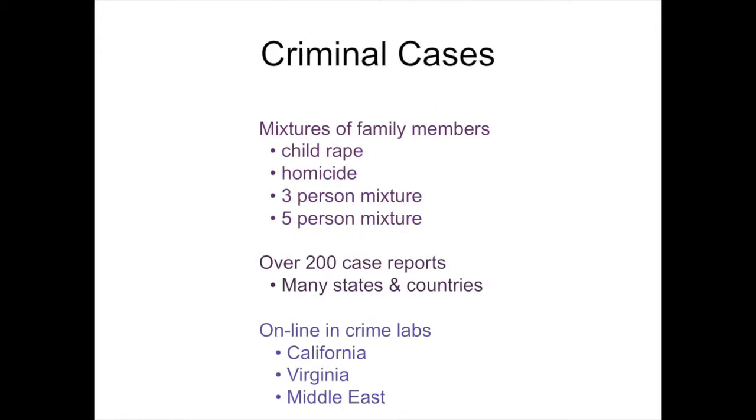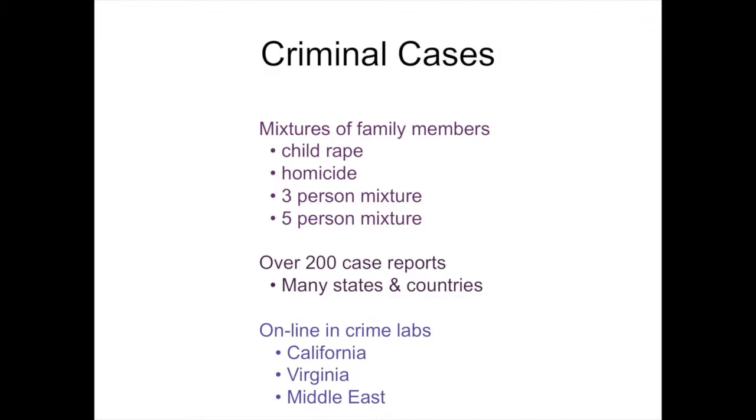TrueAllele has been used in a variety of criminal cases, ranging across various offenses. Often we'll get cases where other methods can't produce a statistic, so really complex cases, low level, or mixtures of family members.